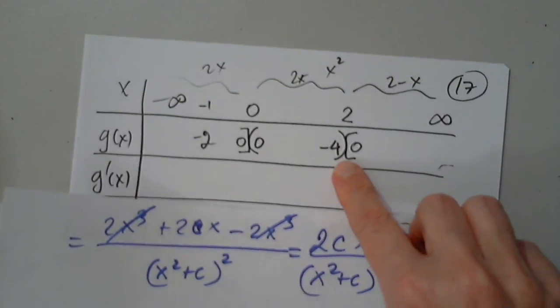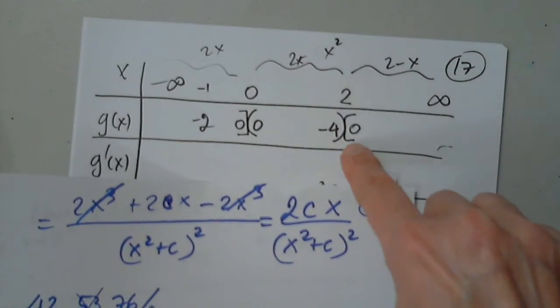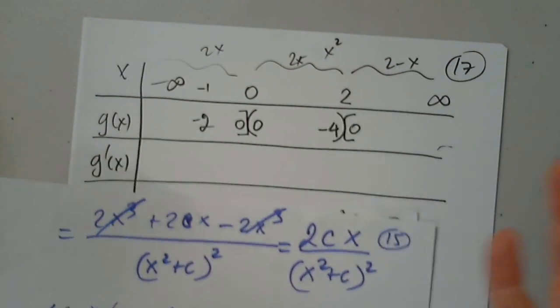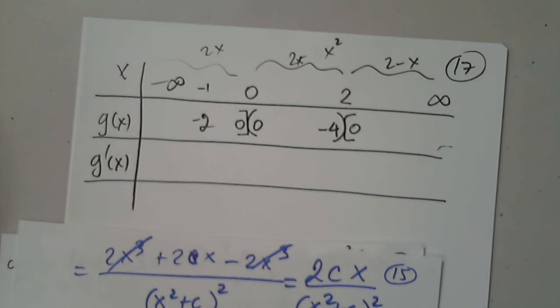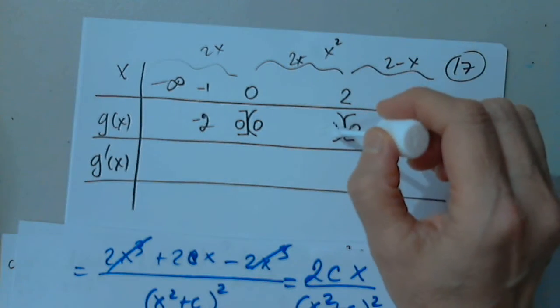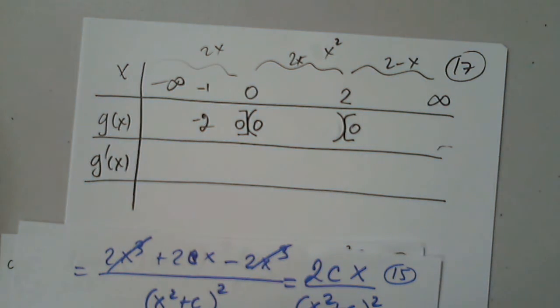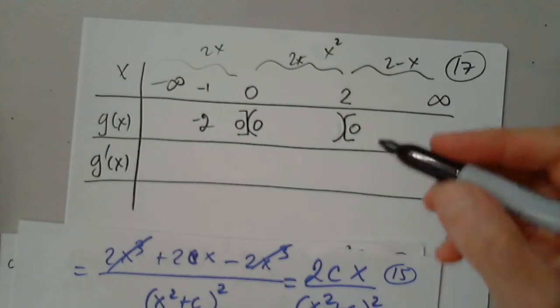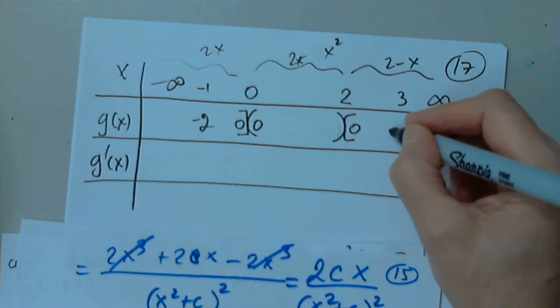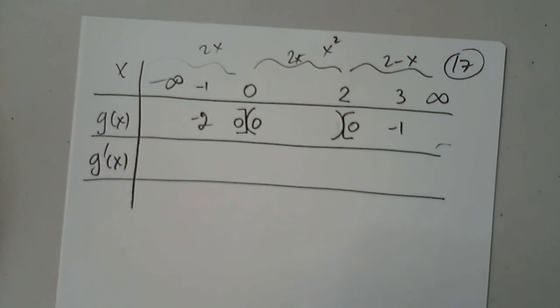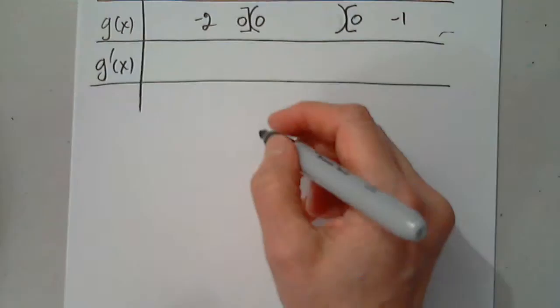I wrote something silly here, because I know it's continuous, I already verified. So 4 minus 4 is 0. Careful, because we already verified that. It has to be continuous. So I have to let that dry. Okay, so it's 0 here, and let's say 3, -1. Good. So I can graph the function now.